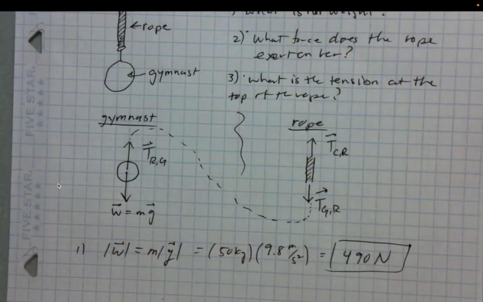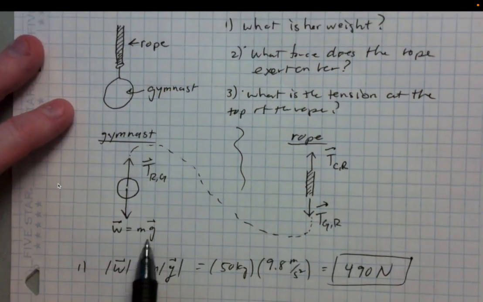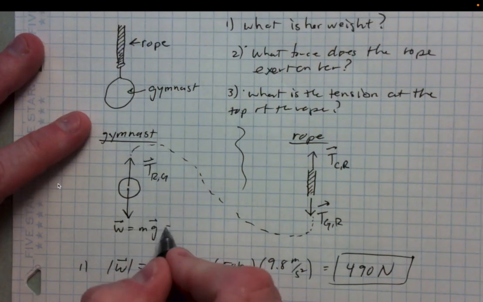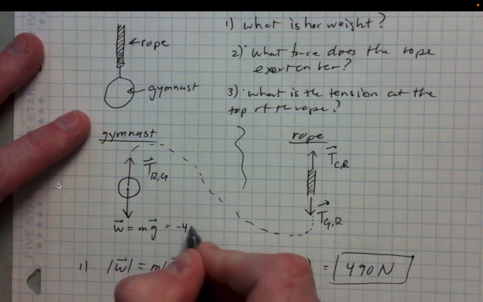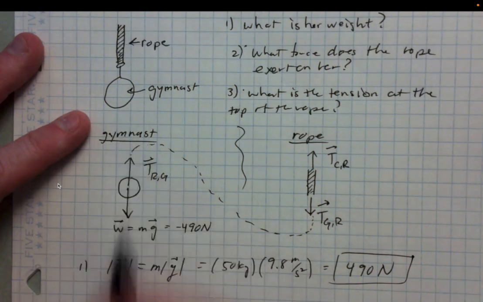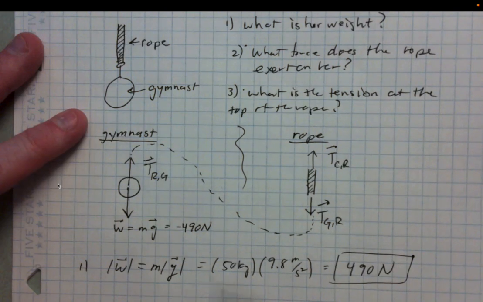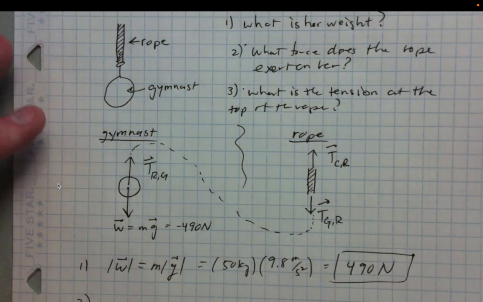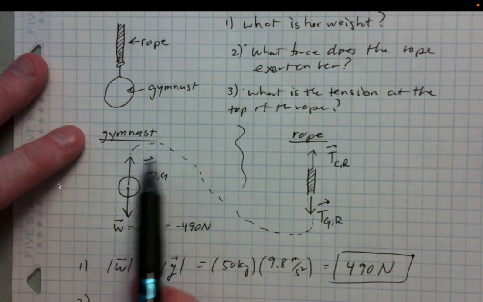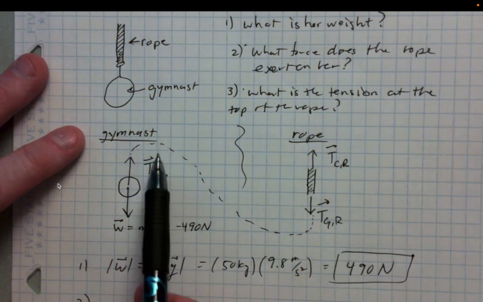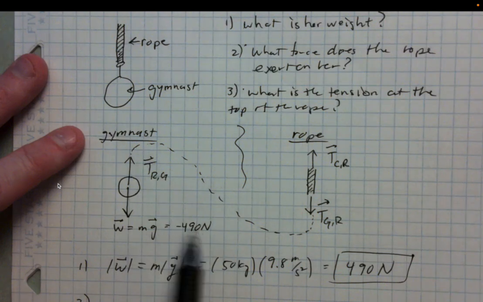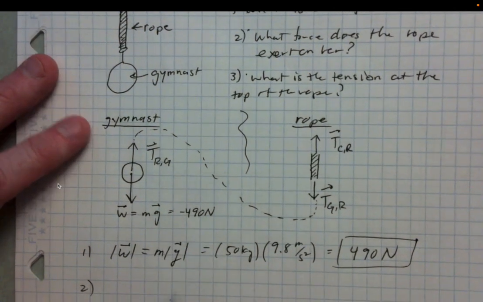The second question says, what force does the rope exert on the gymnast? Well, what we just discovered was this force here, right? So this is equal to, we'll say negative 490 newtons, because we'll make the axis positive up, negative down. And question 2 is, what force does the rope exert on the gymnast? And that's this force, isn't it? So this force is equal but opposite to the gymnast's weight. It's holding her up specifically.